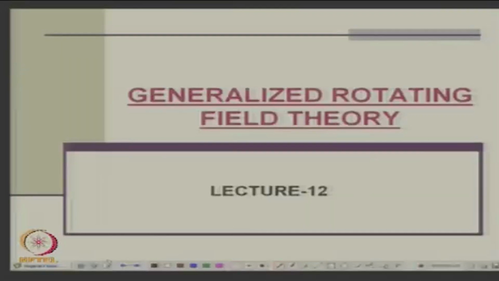Now, we can extend the same theory to any type of asymmetry in the stator. Okay. That means we look at a generalized model, right. We were so far constrained that the two windings were at 90 degrees, or 3 windings were at 120 degrees.